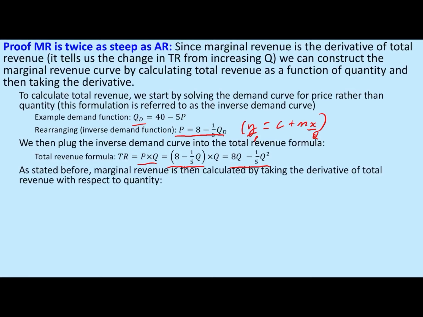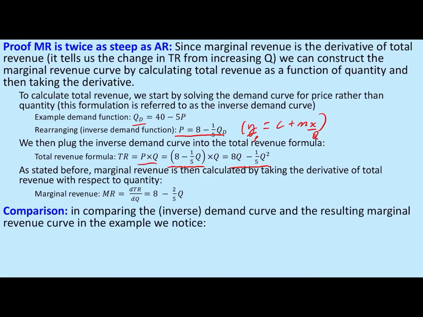As stated before, the marginal revenue is then calculated by taking the derivative of total revenue with respect to quantity. So marginal revenue equals dTR over dQ equals 8 minus 2/5 Q. Some simple GCSE calculus for you there.